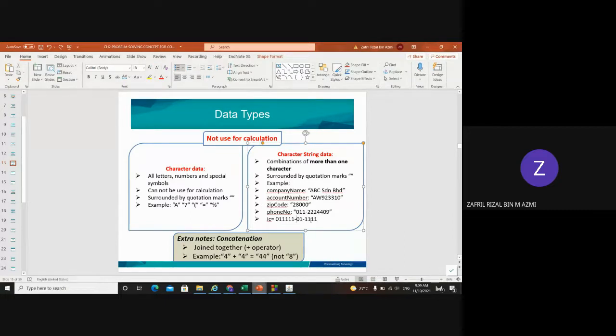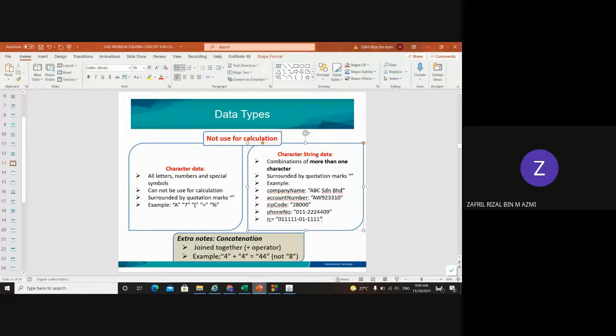Since this is non-numeric, it falls to string. So you need to put double quote. For extra notes, if you want to do a mathematical operation on string data, can you do that? Yes, you can. But the answer is not a logical numeric answer.